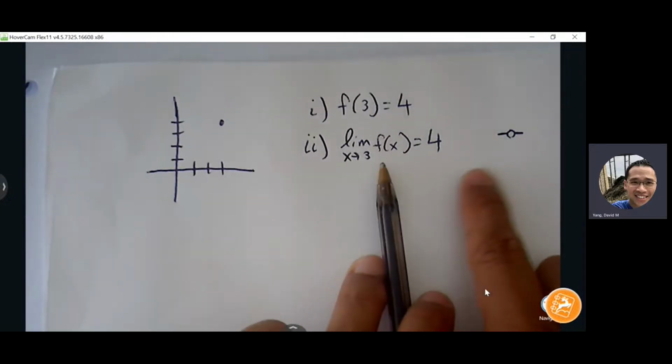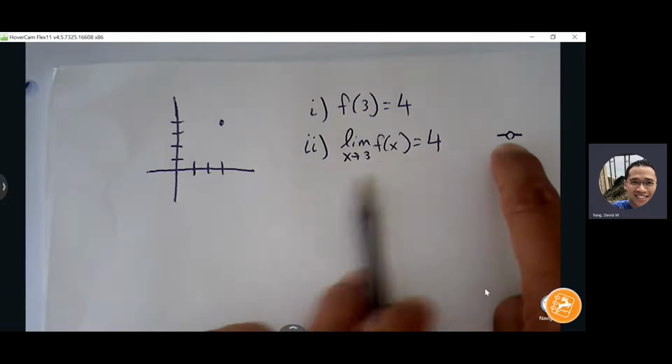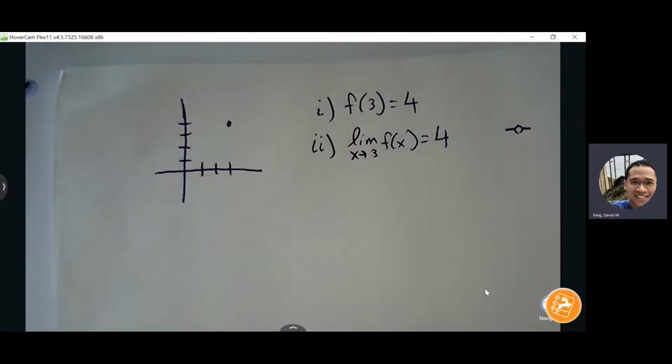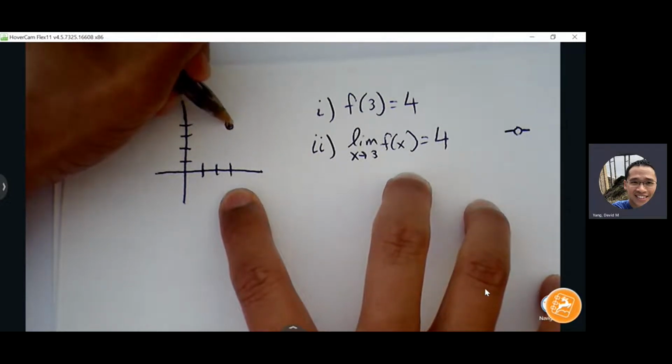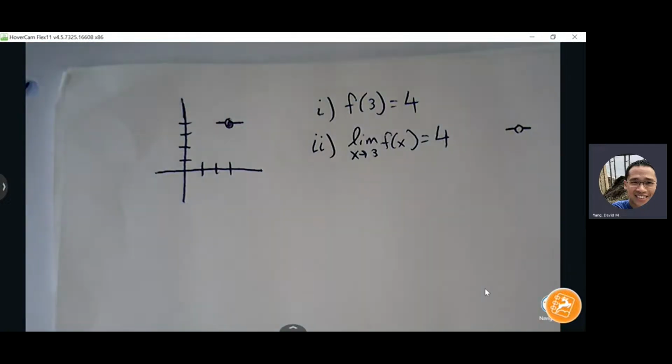Okay, so what if I inserted this piece of information onto a graph? What do you notice? Yeah, that hole is getting filled in, right? So what's happening through that point? Is there a break through that point? There isn't, right?